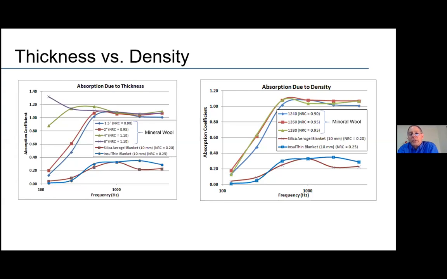You can see that there is very little difference in the performance of each of those as a result of the changes in density. Similarly with the 2 thin blanket solutions at the bottom, being similar in density but having different characteristics from that of the mineral wool. So many times it really is the thickness driving the performance of the solution that you're looking at.